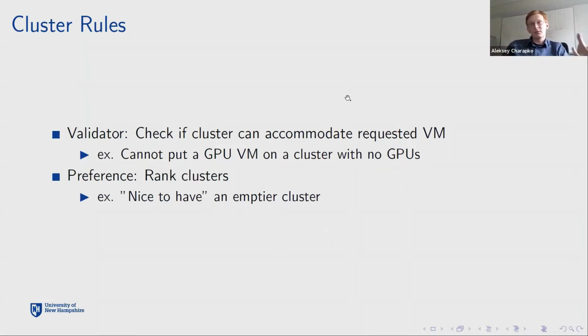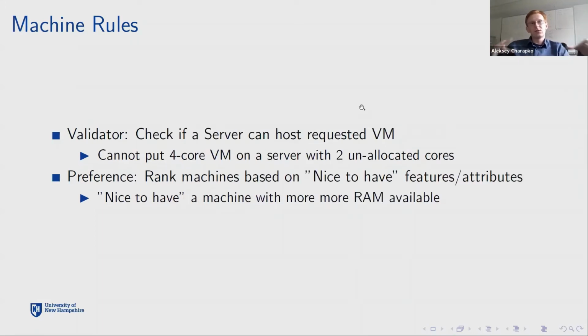And then from this list of clusters, they pick a cluster and just zero in and start looking at the machines. When they start looking at the machines, they go through the second set of rules called machine rules. And again, the machine rules have validator rules, which are designed to filter out the physical machines that cannot host your VM.